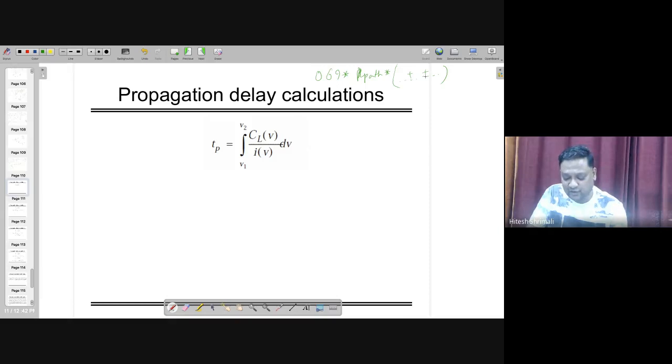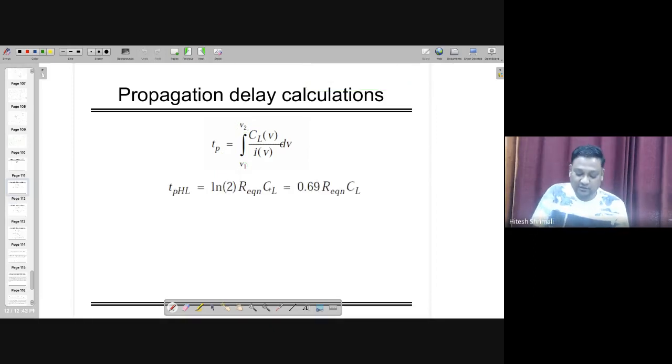If you look at the calculation, although we achieved the answer, if you are interested in finding the equation, the propagation time required to go from logic 1 to logic 0 or logic 0 to logic 1 is equal to the integration from V1 to V2 of CL divided by I, which gives you the time to propagate. These limits come from going from logic 0 to 1 or 1 to 0, so you can change them accordingly.